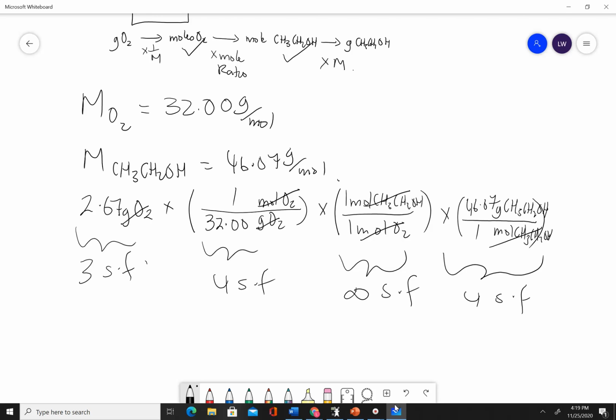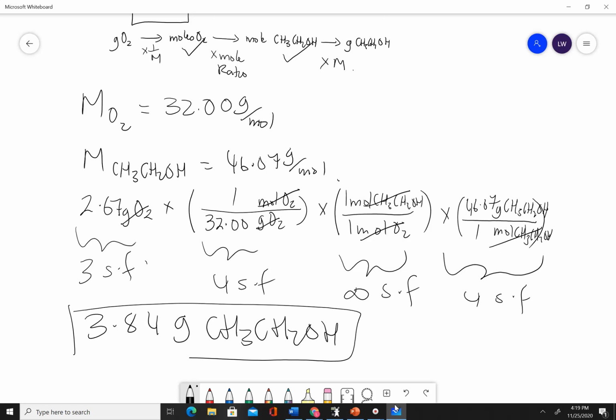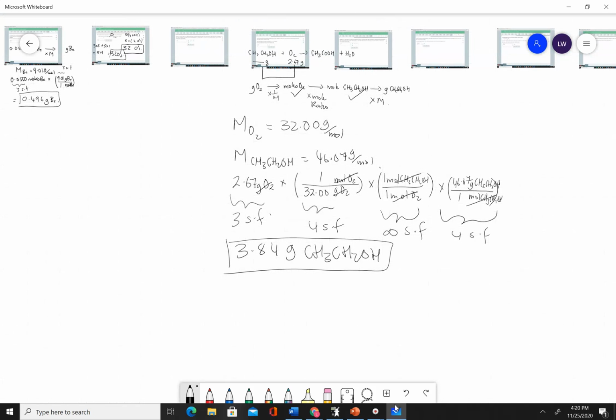So 2.67 times 1 on 32, multiplied by 1 on 1, and then multiplied by the molar mass of our ethanol, 46.07. There we go. To 3 sig figs, we end up with 3.84 grams of ethanol. And there's our answer. Okay, not too bad.